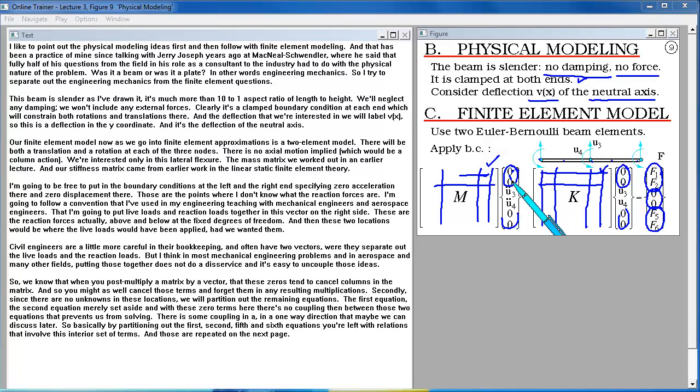And with these zero terms here, there's no coupling between those two equations that prevents us from solving. There is some coupling in a one-way direction that maybe we can discuss later. So basically, by partitioning out the first, second, fifth, and sixth equations, you're left with relations that involve this interior set of terms. And those are repeated on the next page.